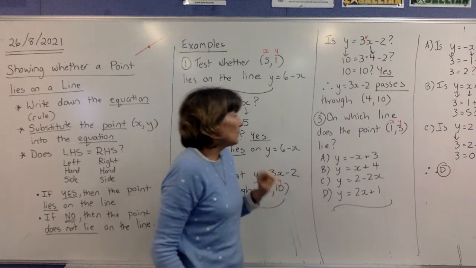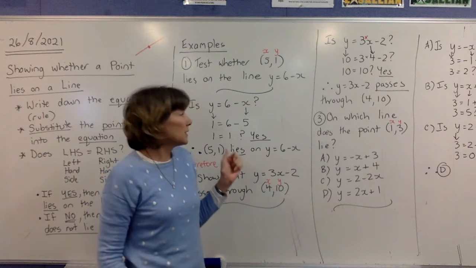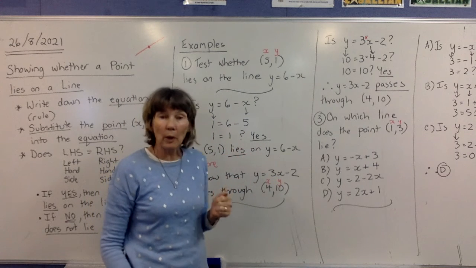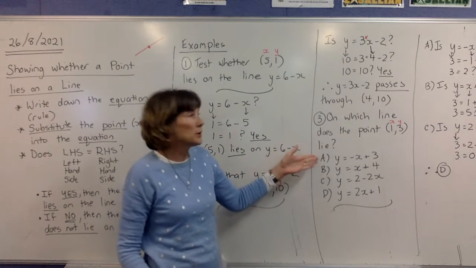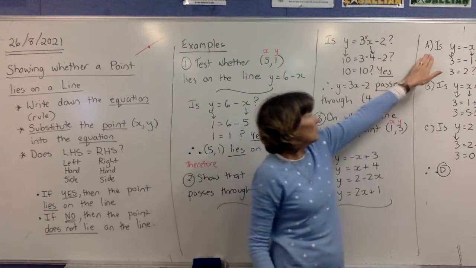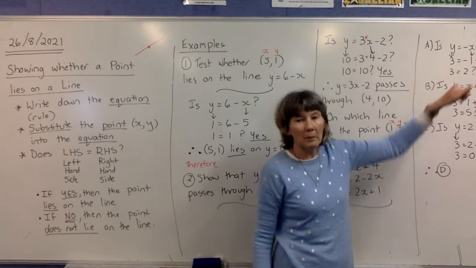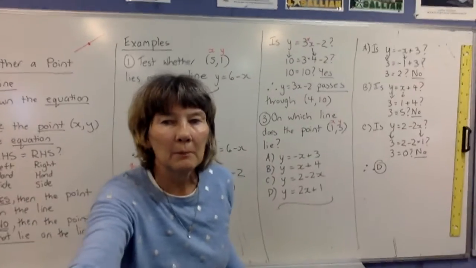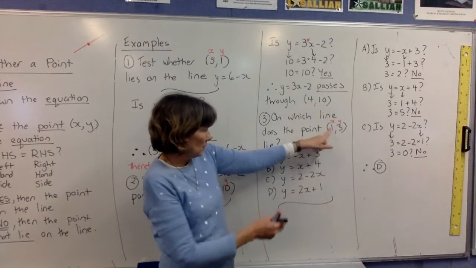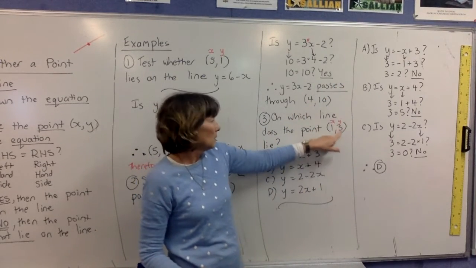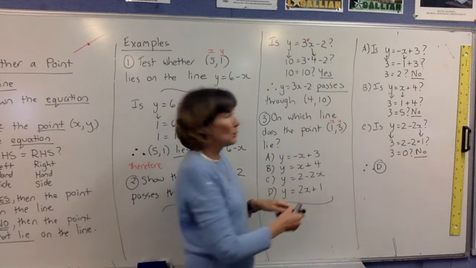Okay, number 3. This is a multiple choice question. It says, on which line does the point (1, 3) lie? So we have to take each equation separately. Let's start with A. Is y equal to minus x plus 3? What we're doing here is putting in our point, 1 for x, 3 for y, in that equation.